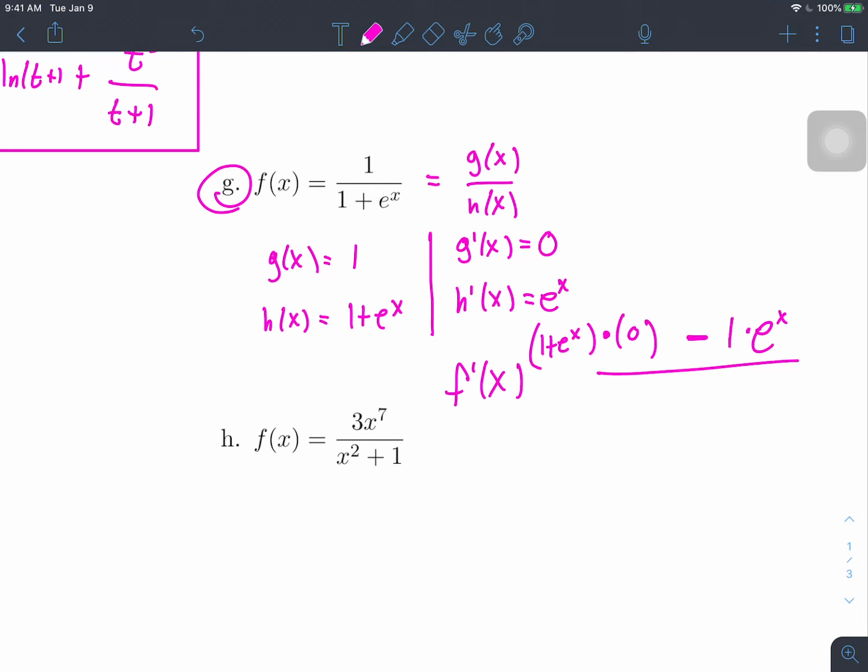And on the bottom here, what should we have in terms of high and low? Low squared. So low is the function that's on the bottom. It's 1 plus e to the x, so I'm just going to plug that in and square it. 1 plus e to the x, all squared.